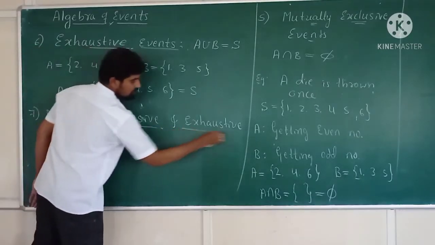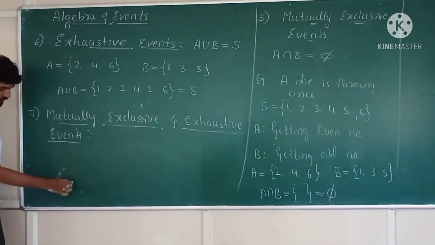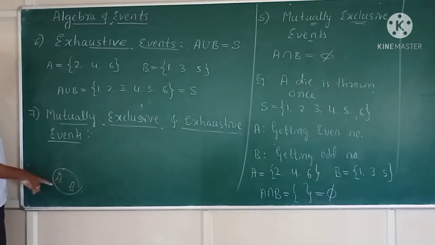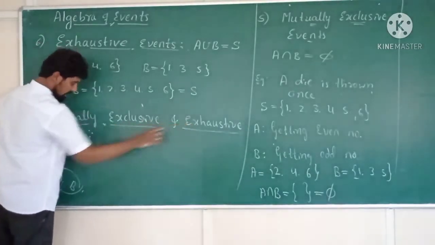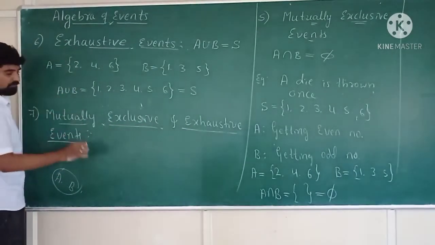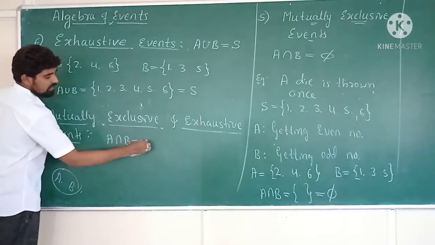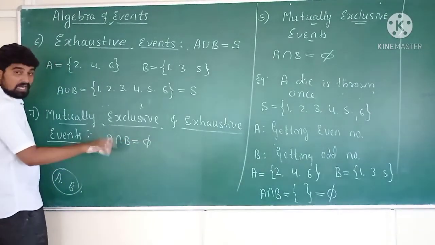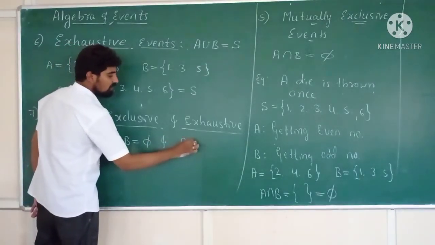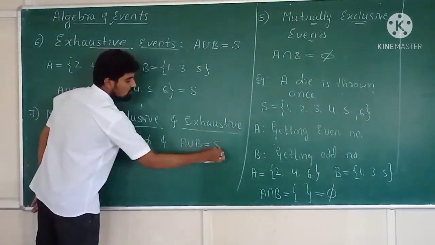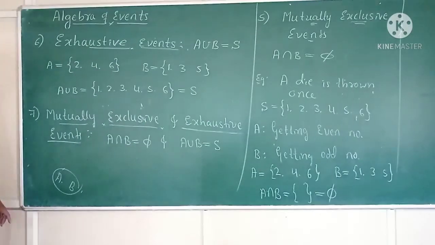Two events A and B are said to be mutually exclusive and exhaustive events if A intersection B is equal to null set as well as A union B is equal to S, where S is the sample space associated with the random experiment.